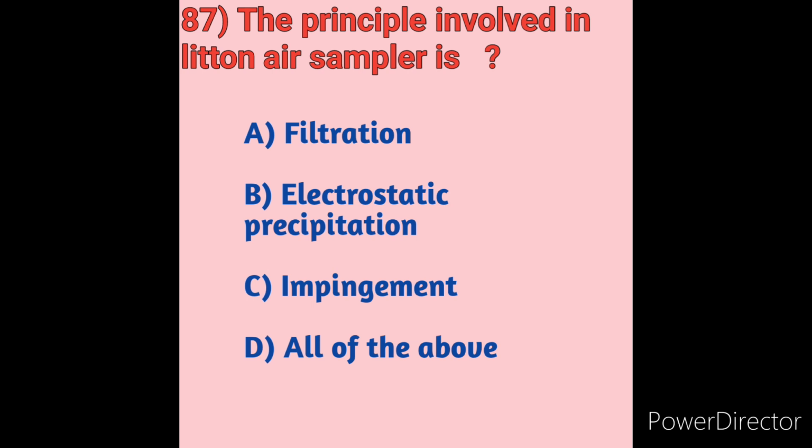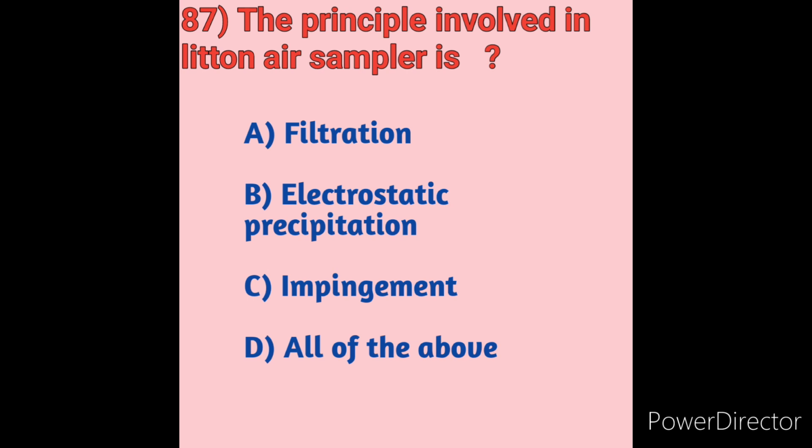The microbial air sampler is based on Anderson's principle of the sieve impactor method. The principle that underlies this sampling device is simple and ingenious. The principle involved in the Litton air sampler is electrostatic precipitation.